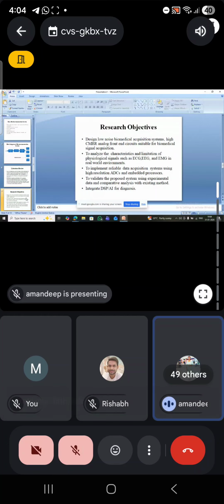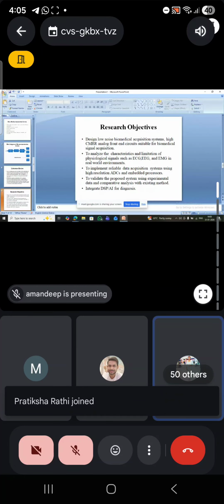Now, these are the research objectives: design low noise biomedical acquisition systems, high CMRR analog front end circuits stable for biomedical signal acquisition, implement a reliable data acquisition system using high resolution ADC and embedded processors, and validate the proposed system using experimental data and comparative analysis with existing methods.